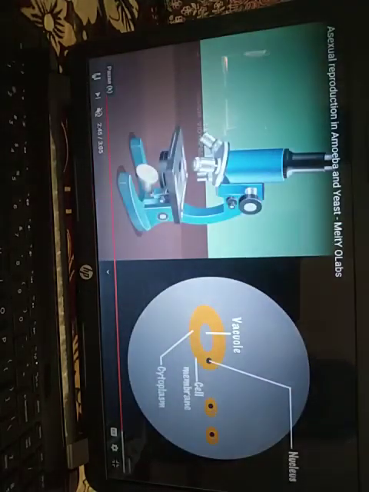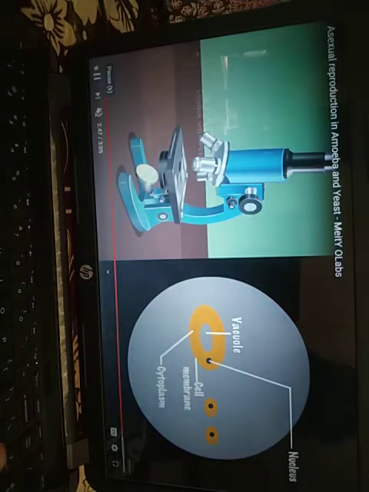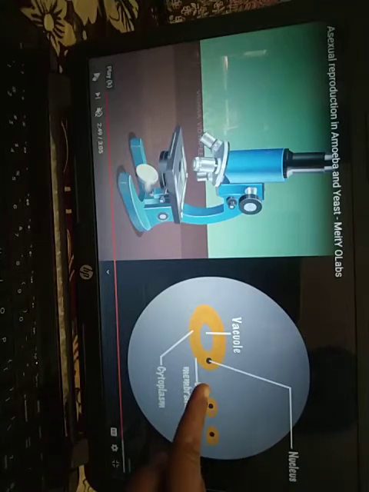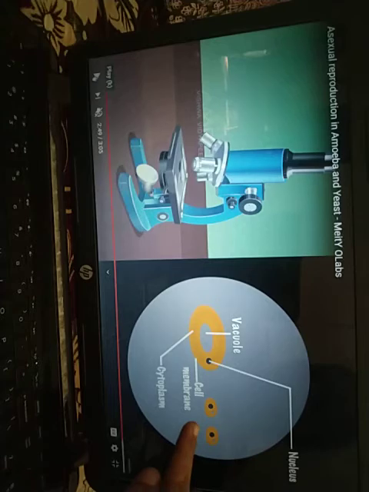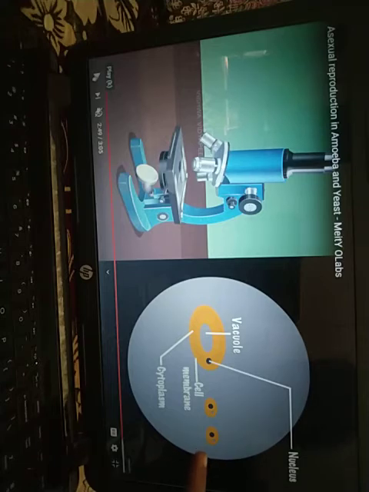What we can conclude here is that after budding, the buds have formed and they get detached from the parent body, and new individuals, or daughter yeast, have arisen from the existing mother cell.